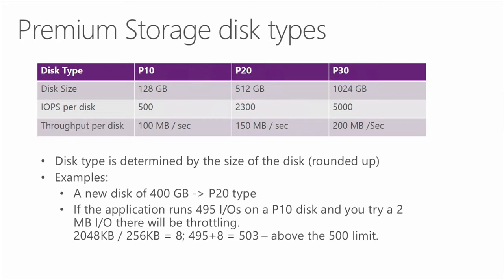So you can write or read up to 100 meg per second. The P20 has a bigger size, more IOPS, higher throughput, and the largest one, the P30 for a 1 terabyte disk, will go up to 5,000 IOPS with a throughput of 200 meg per second.